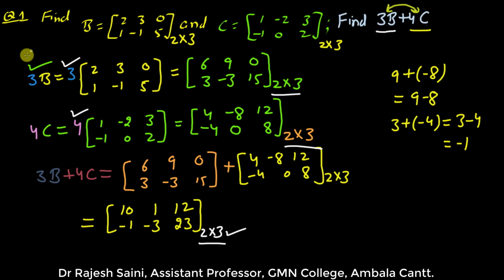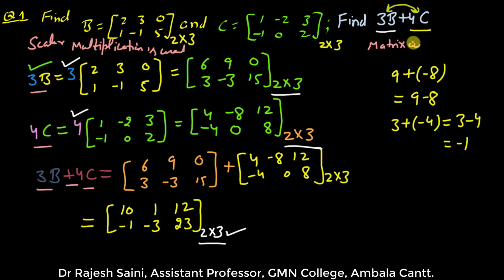So scalar multiplication is used in this. And also, when we obtained 3B and 4C, we were required to add up these two. So we have added 3B and 4C, therefore matrix addition is also used. So in this we have used two concepts.